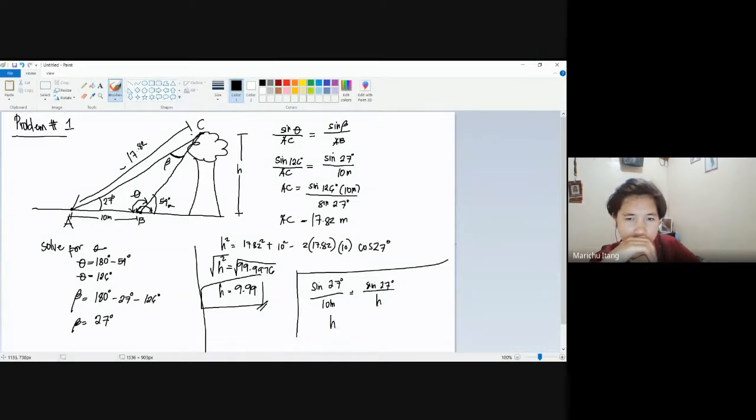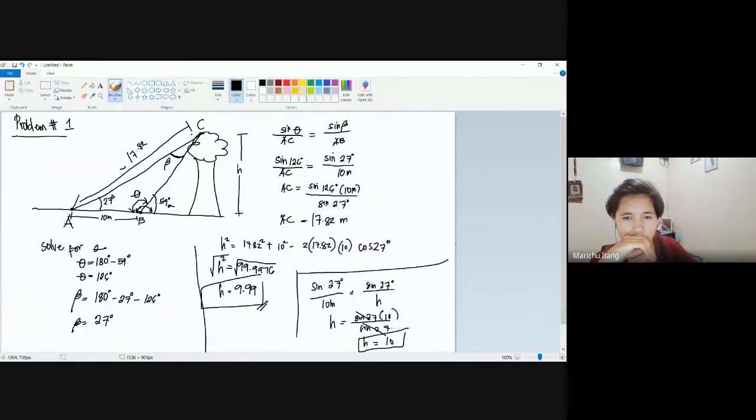So what is the value of h? 10. So this is sine 27 times 10 over sine 27. Then you cancel out 27. Then the remaining h is equal to 10.